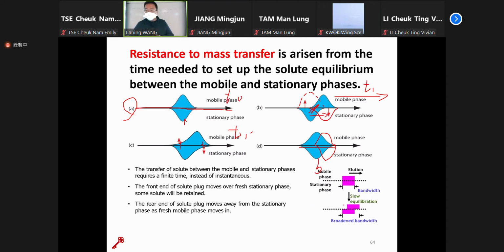So this is a slug. We consider this as a liquid slug, right? The mobile phase flows and moves forward a little bit. The part dissolved in the stationary phase still stays in the original position.